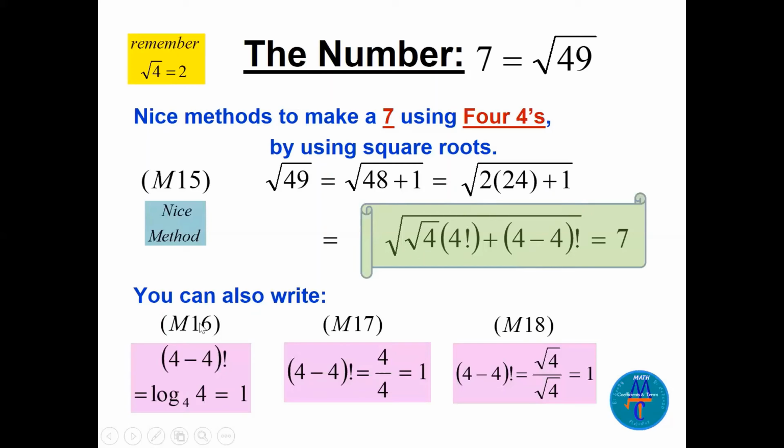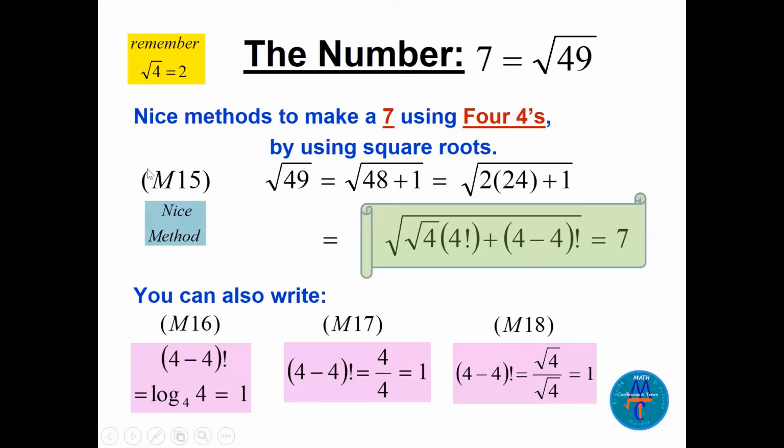Now in the 16, I can change only the 1 here. I can use this one, big square root of 4, times 4 factorial plus this one here. See this one, 4 minus 4 factorial? I can write log base 4 of 4, or I can write 4 over 4, or I can write square root of 4 over square root of 4.